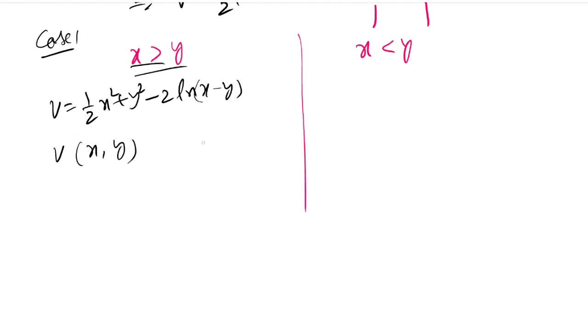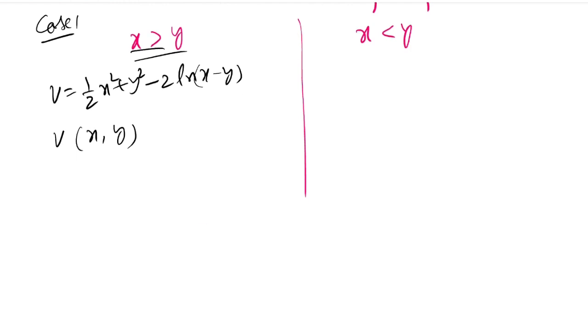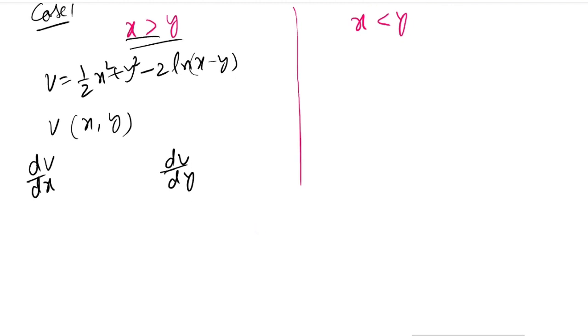So far we have seen potential depending on one single variable, but here it is depending on both x and y. So we have to find the gradient, that means dv by dx and dv by dy, both are needed. So dv by dx will yield x minus 2 by x minus y. Similarly dv by dy will yield y plus 2 by x minus y.